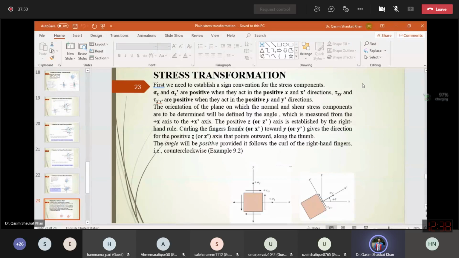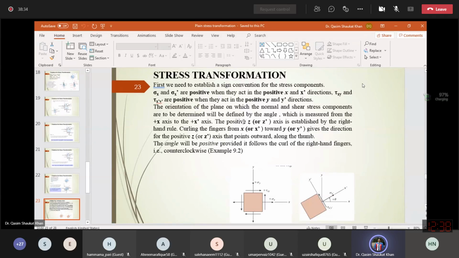Curling the fingers from the x axis to the x dash axis gives the direction of the positive z axis that points outward. So in this case, when I curl my fingers from x to x dash axis, your thumb will point outwards, or you can say out of the plane, towards you. So this will be considered as the positive z axis.